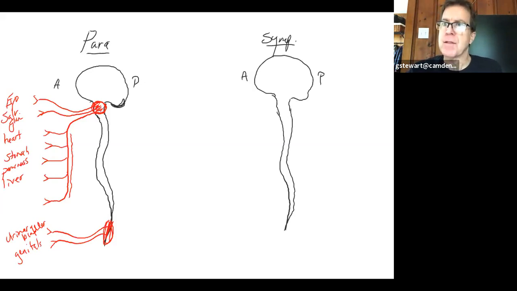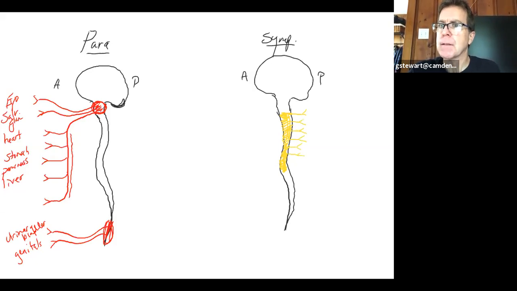Now, the sympathetic originates, I'll use a different color, from the thoracic, which is our chest, and lumbar, which is our lower back, from this region right here. Sort of the middle portion where the parasympathetic does not originate from. And these fibers, guess what? They innervate basically all of the same organs.